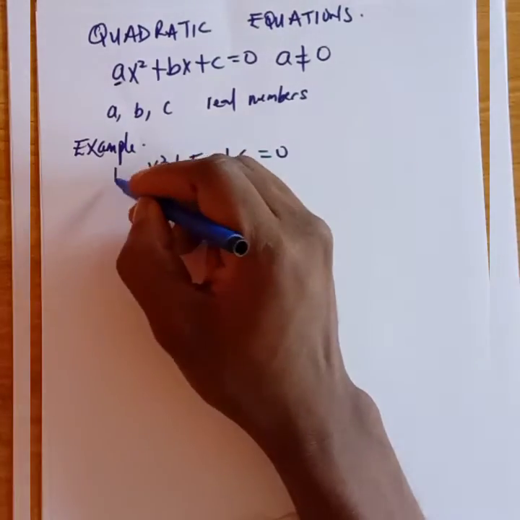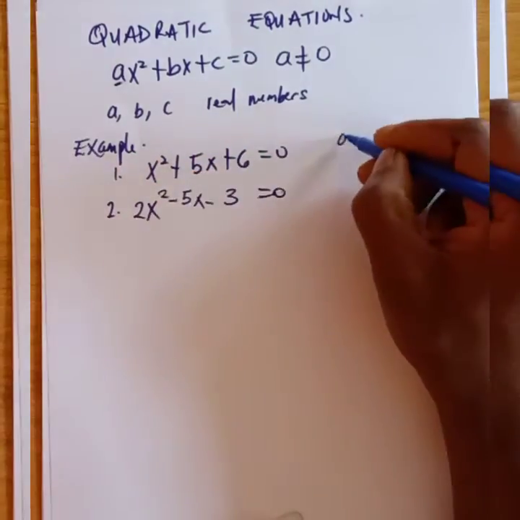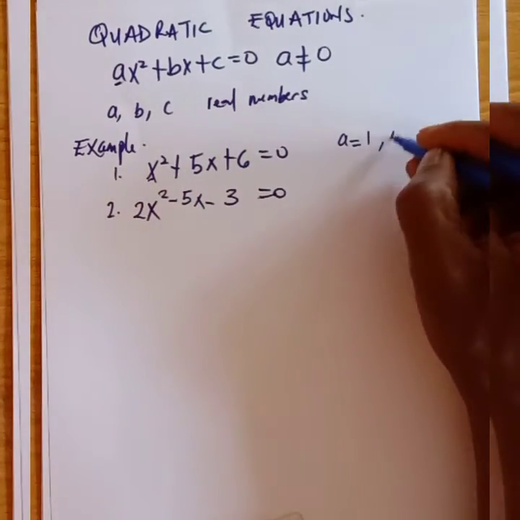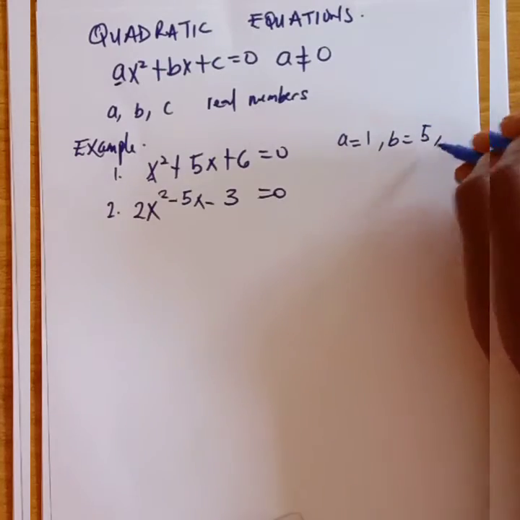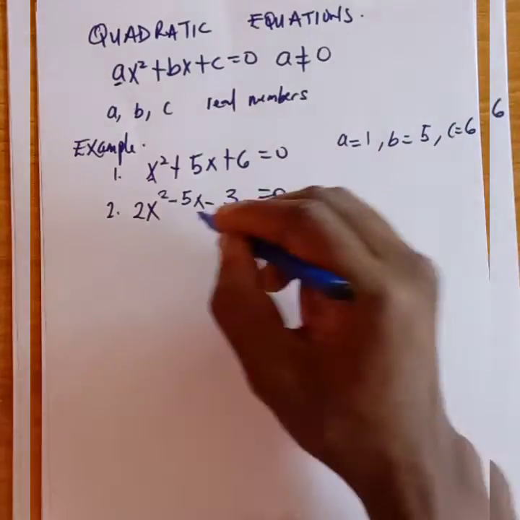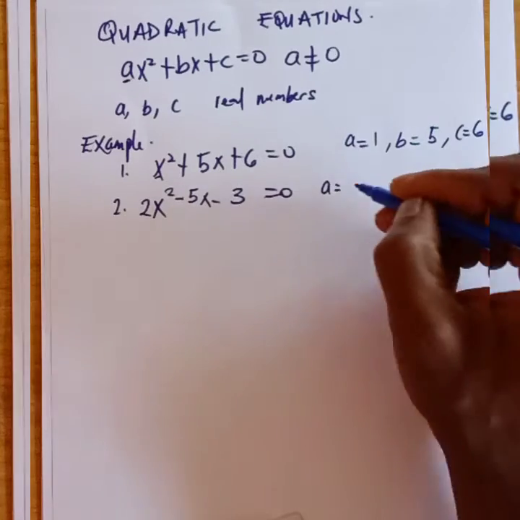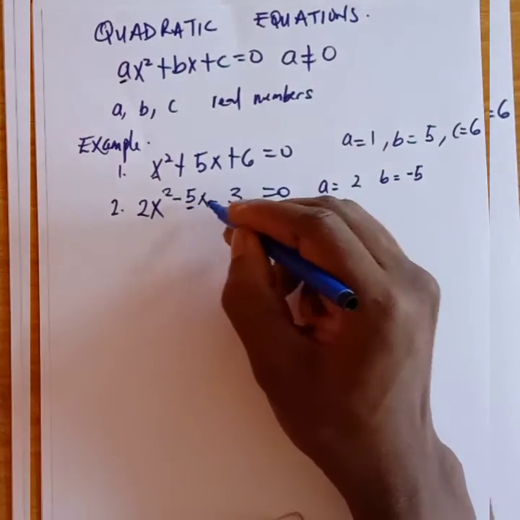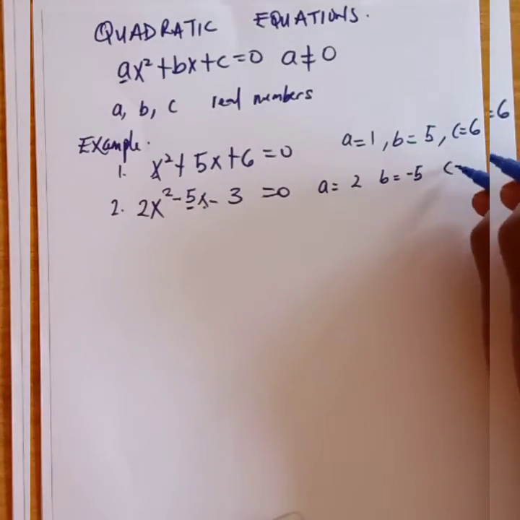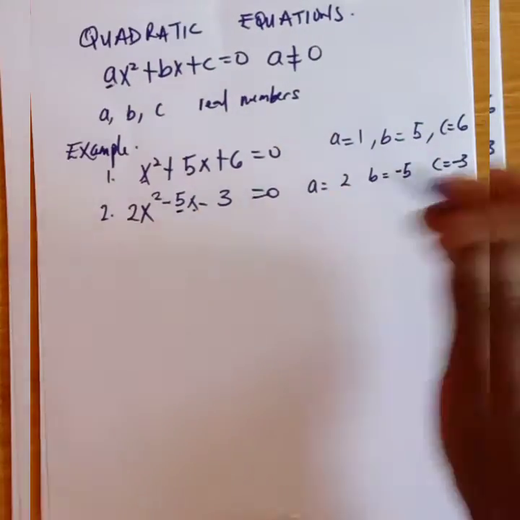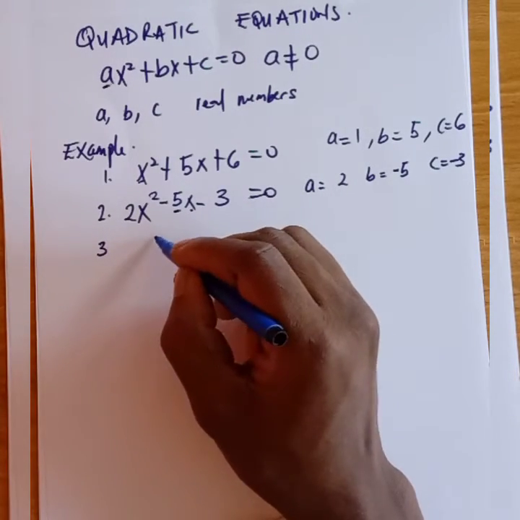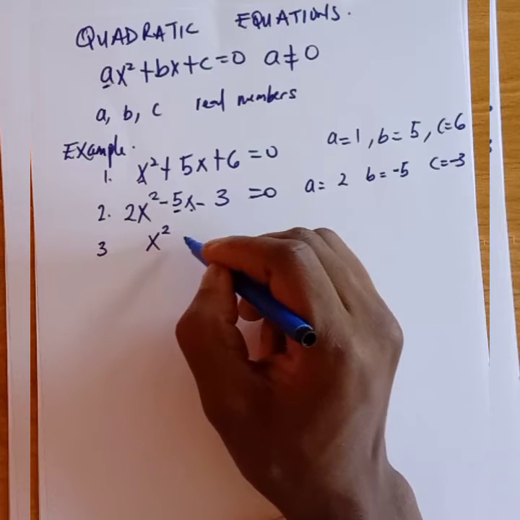Now, in the first example here, a is equal to 1, the coefficient of the quadratic term, b is equal to 5, and c is equal to 6. Here, my a is 2, b is equal to minus 5, the coefficient of the linear term, and c is equal to minus 3.